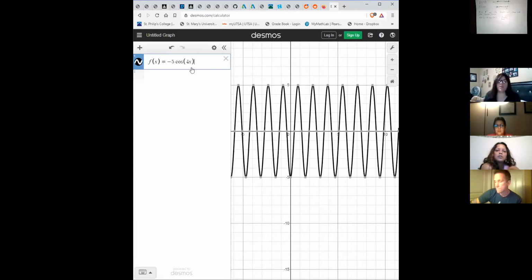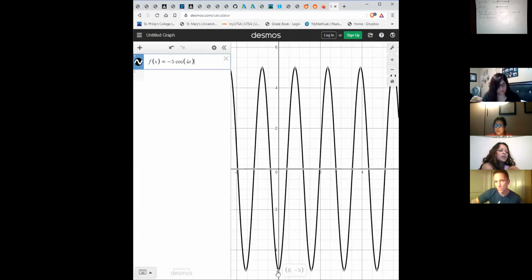Okay, so here's the original, -5 cosine 4x. The highest value is 5, the lowest value is -5 because of the amplitude, right? So we can just write that the range is -5 to 5, and we put brackets because the graph actually stops there.